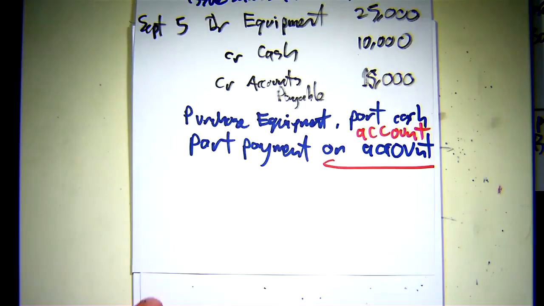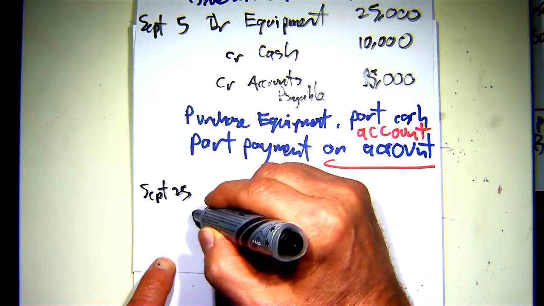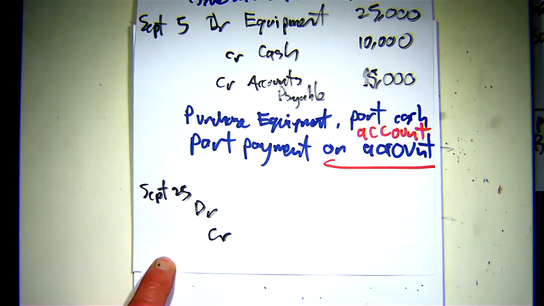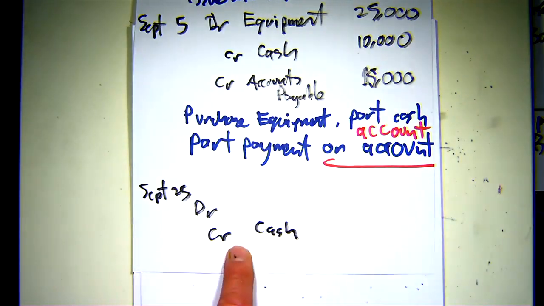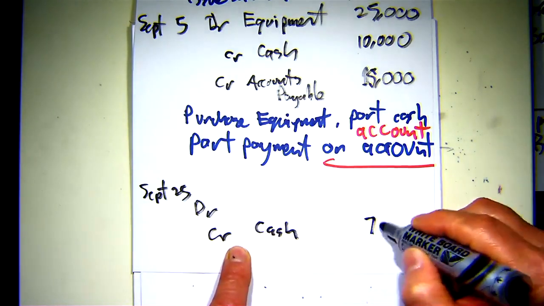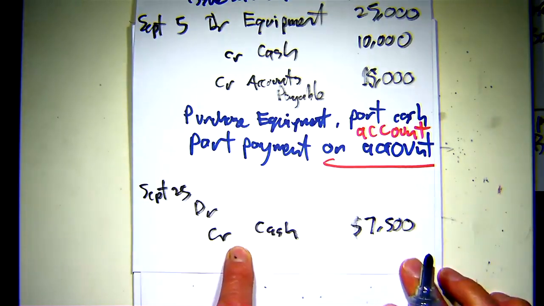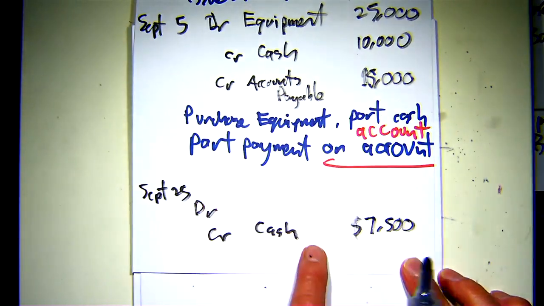On September the 25th, we're told that we paid out more cash. So we credit cash when we pay out cash, and we've paid out another $7,500. And what we've done here is we owed $15,000.